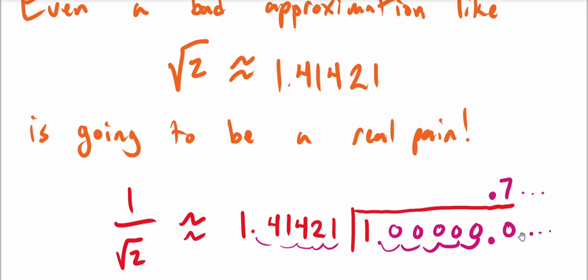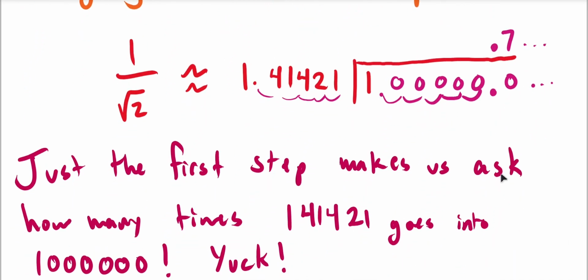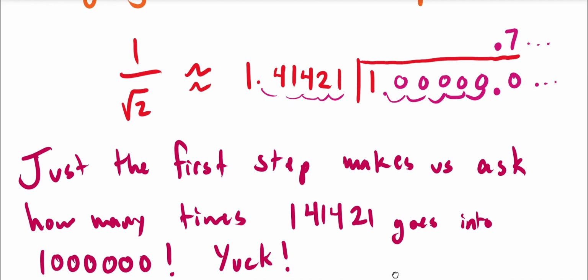So moving down along the line, I put my decimal up, I add another 0. How many times does 141,421 go into 1 million? You could guess and check and find 7 eventually, but man, we're only on the second question here, and we have to answer how many times this big number goes into this even bigger number? Yuck, gross, disgusting. Okay, I agree. That's not what I would want you to do.